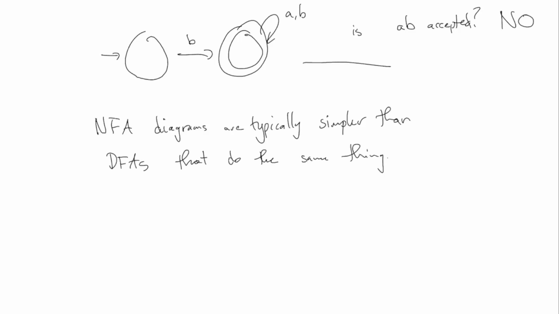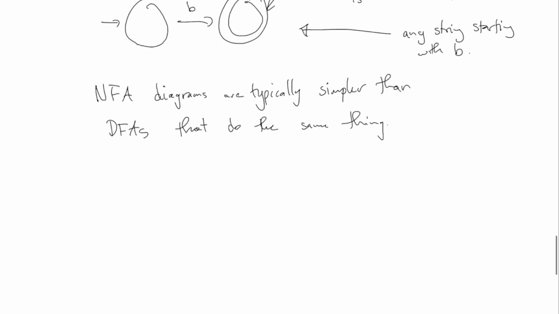Sorry, I forgot to write. I meant to say, for this one, the language is any string starting with B. All right. NFA diagrams are typically simpler than DFAs that do the same thing.